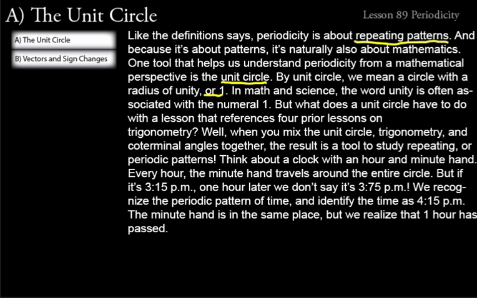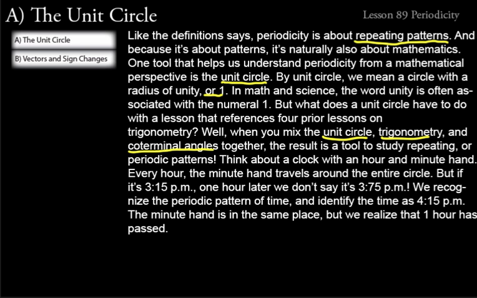In math and science, that word unity is often associated with the numeral 1. But what does a unit circle have to do with a lesson that references 4 prior lessons on trigonometry: 19, 43, 59, and 78? Well, when you mix the unit circle, trigonometry, and coterminal angles together, the result is a tool to study repeating or periodic patterns.